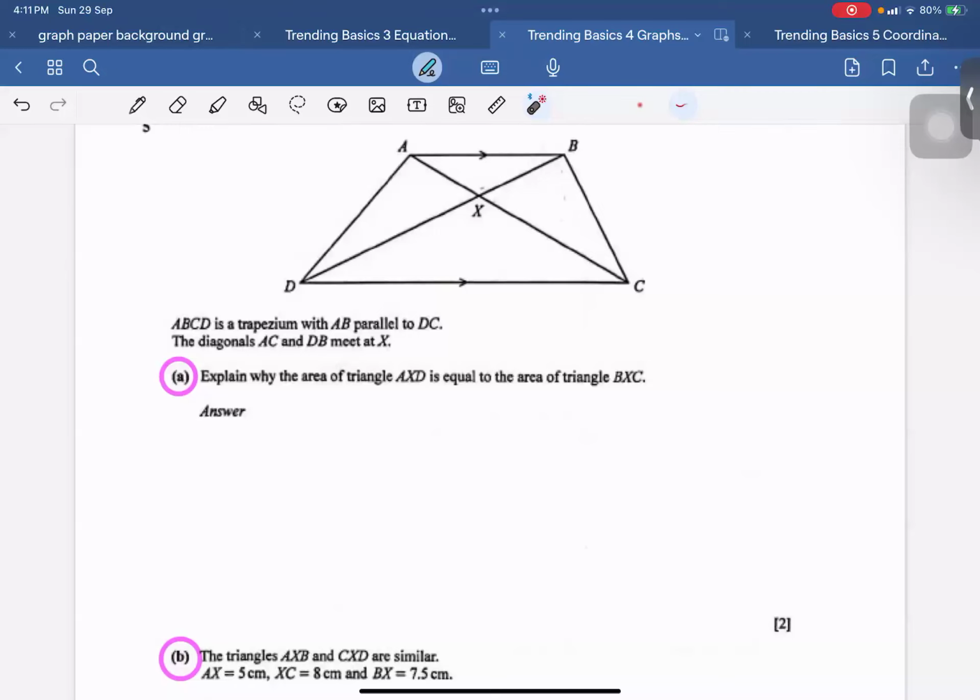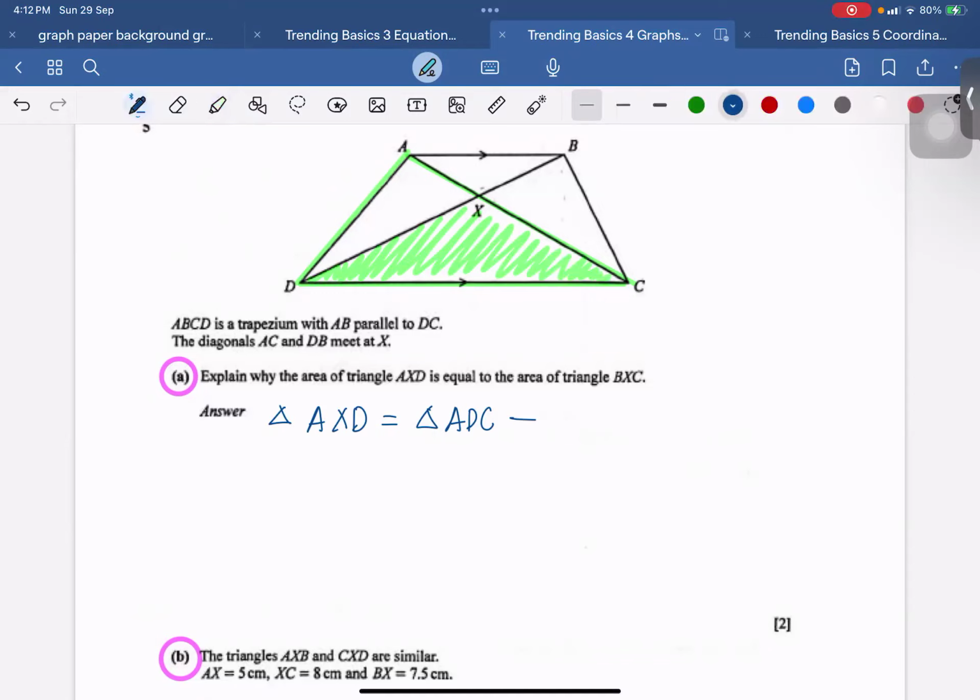To find the area of triangle, show that AXD is equal to BXC. First thing, we have to find something in common that overlaps and link the two of them together. Both of them are related to the larger triangle ABC. The area of triangle AXD can be found by taking the green triangle ADC, subtract away triangle DXC.